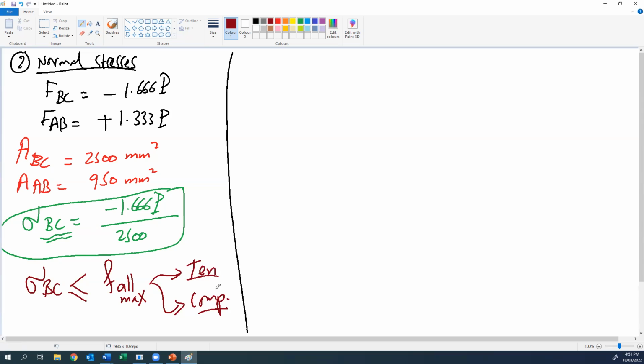Which one to choose? This is my question to you. To get the value of B, we need to equalize this stress to the maximum stress. Which one to equalize? I'm waiting for your answer. The tension or compression?